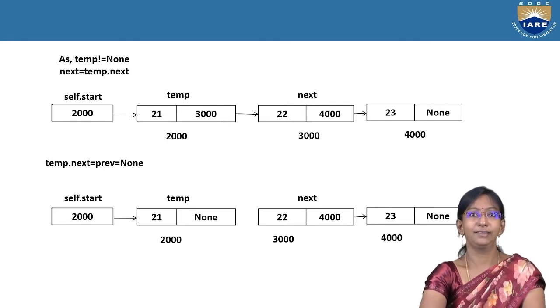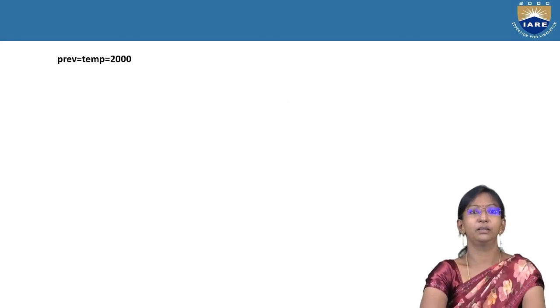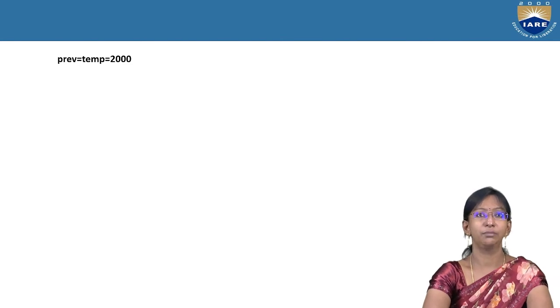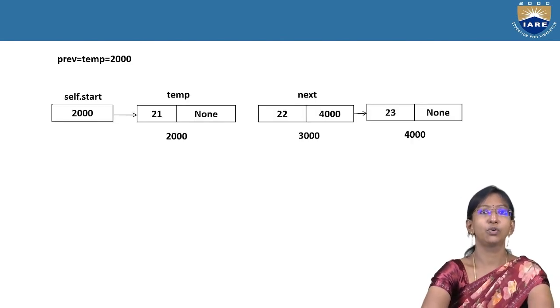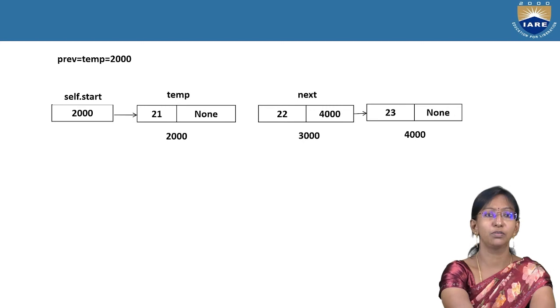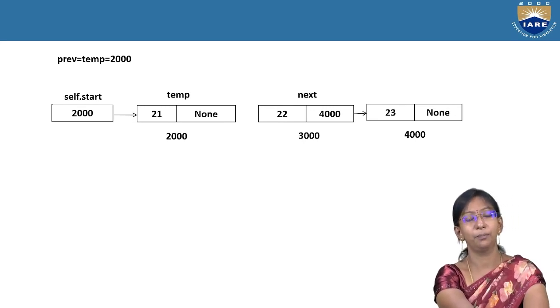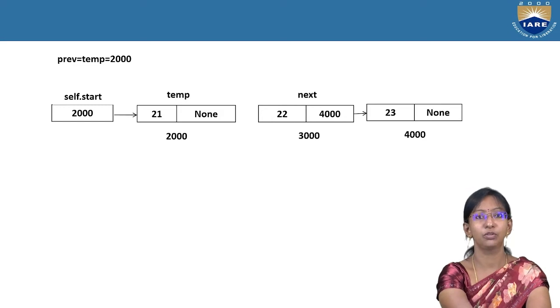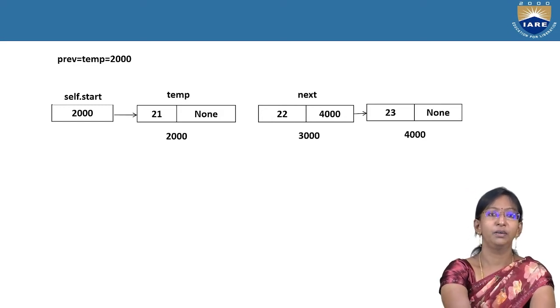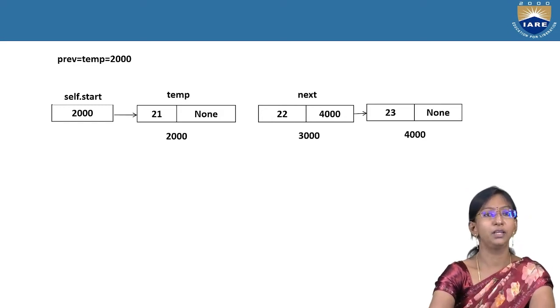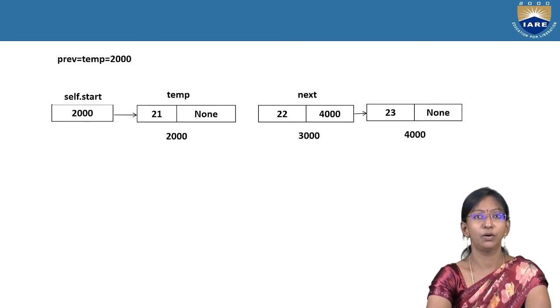Next step: make the address in temporary the previous. So now previous is holding 2000, which means the content None, which was previously in the previous pointer, will be overwritten by 2000.